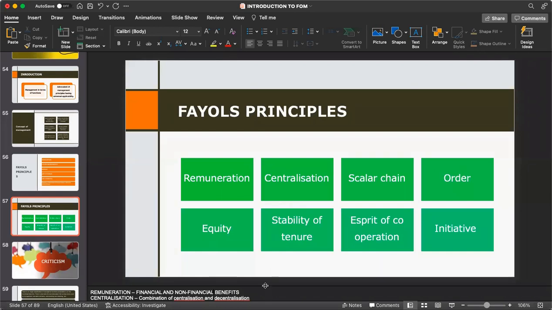Then we have centralization. Centralization means decision-making power. Whenever there is decision-making in the company, if only one department is taking all the decisions, that is called centralization.